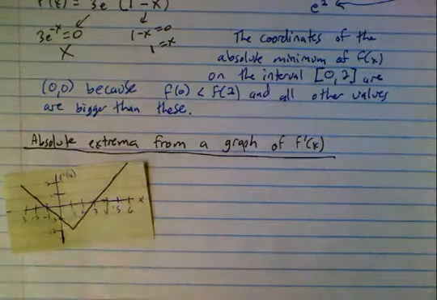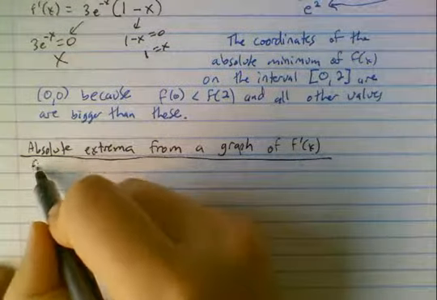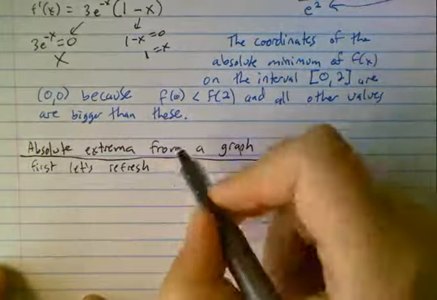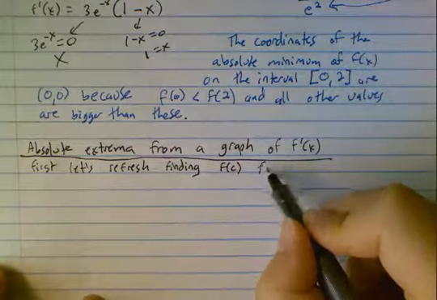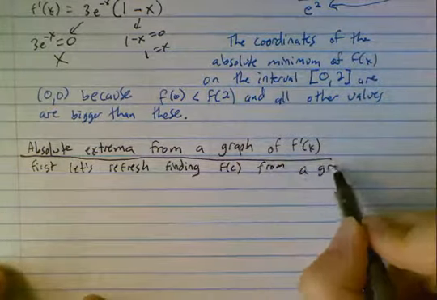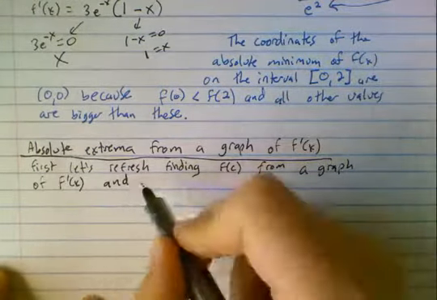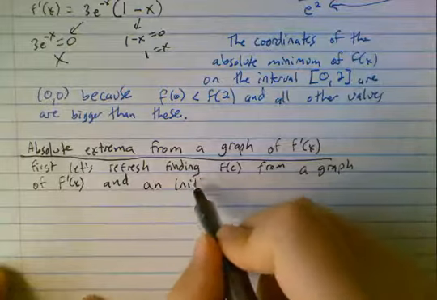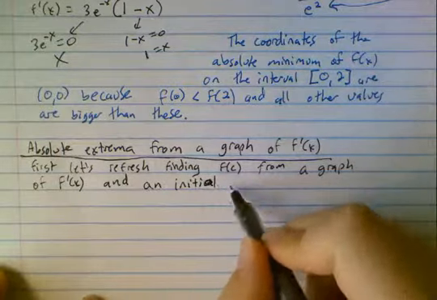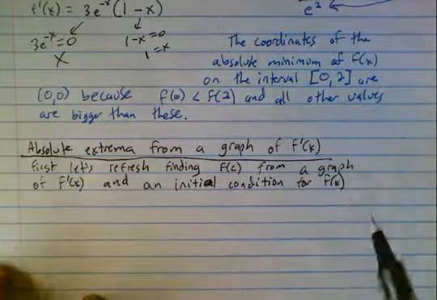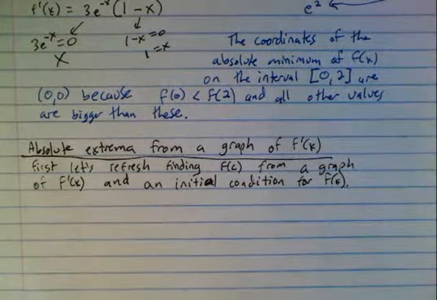So first, let's go ahead and refresh that. Remember, an initial condition is just something that we're told, like f of 2 equals 3, or something like that. So let's do an example.